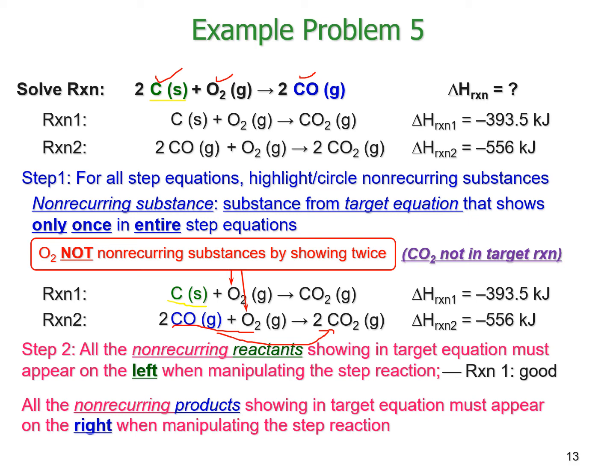What are we going to do? We're going to move carbon monoxide and oxygen to the right. Meanwhile, we take carbon dioxide to the other side. This is exactly when we try to reverse the reaction, right? So we will reverse this combination reaction into a decomposition reaction. We realize that we have to reverse our second step reaction in order to make sure carbon monoxide is on the correct side of this equation.